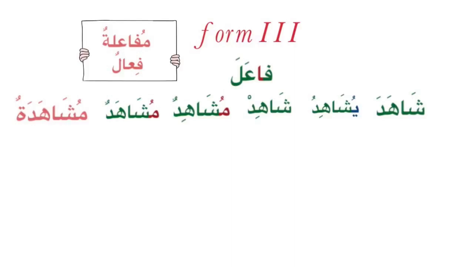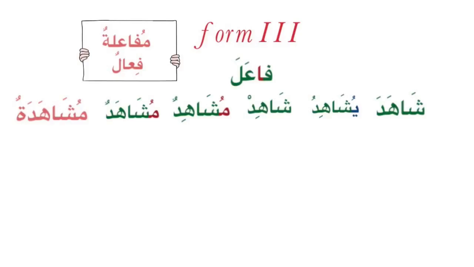Shahada yushahidu. So if you bring another example, so the masdars, it is already built in the language, so we just have to know it and remember it. There's no formula to which file will have which type of masdar. It's because this has been used in the language, so we have to remember it.